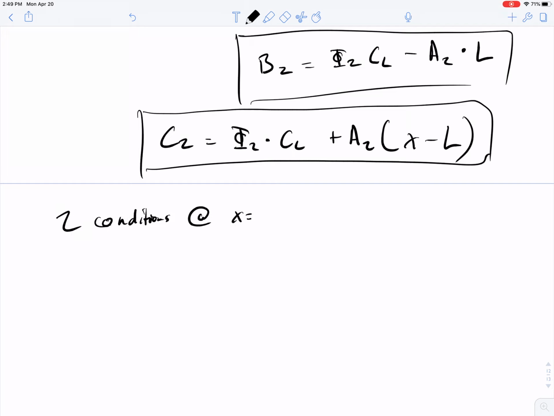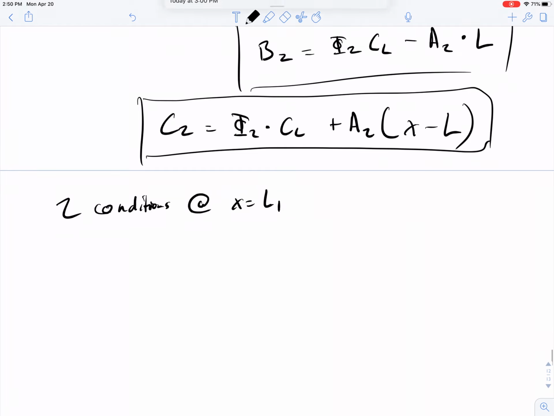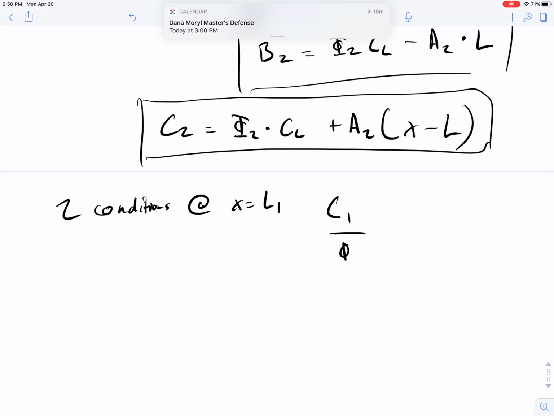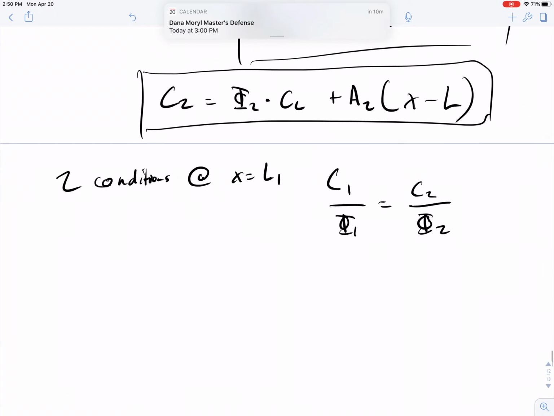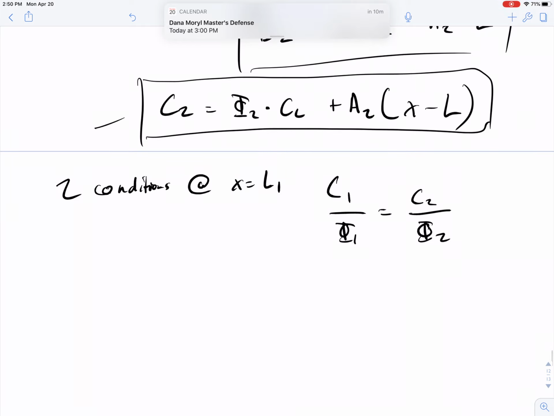So we have two conditions at x equals L1. The first of these two conditions, let's just do C1 over phi1 equals C2 over phi2. If we make the substitution for this equation, we can go back. We have C2 here.